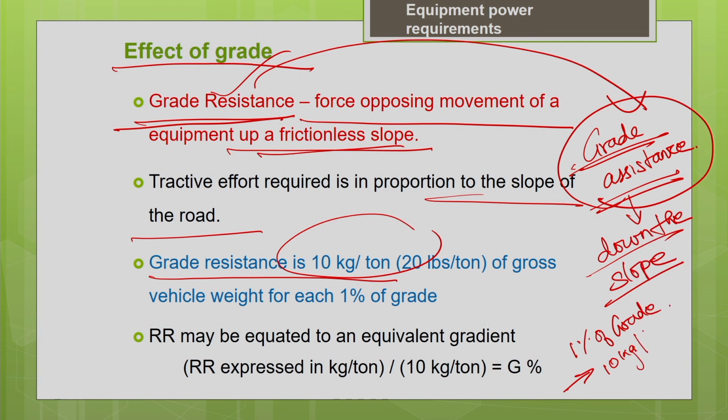It is 10 kg per ton. This is a simple guideline which is worked out in the literature. You can easily find it. So for 1% of grade, the grade resistance is 10 kg per ton. This guideline will be valid for smaller slopes, say less than 10%. You can go by this guideline.